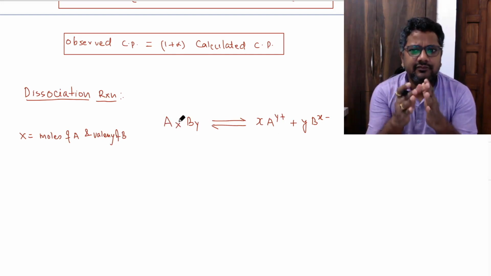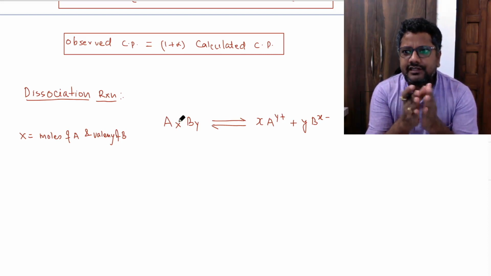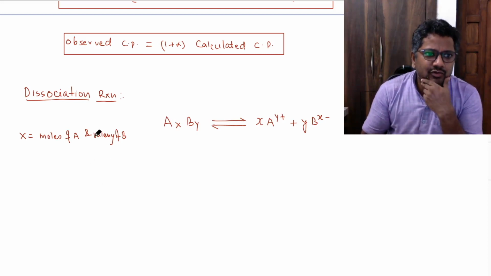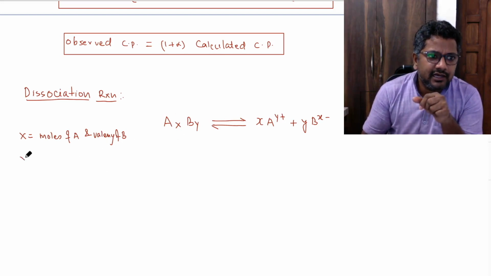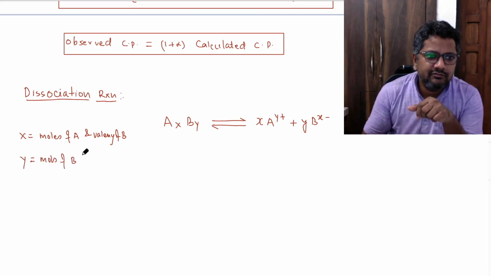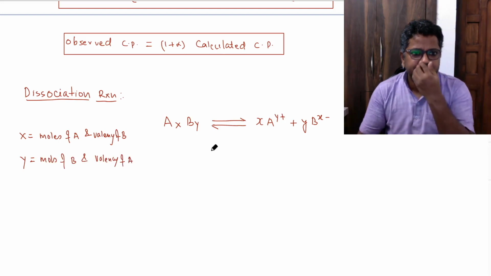So whatever is written first in a chemical formula is treated as a cation, and what is written next is treated as an anion. So x is the moles of A and valency of B, and y is the moles of B and valency of A, right?